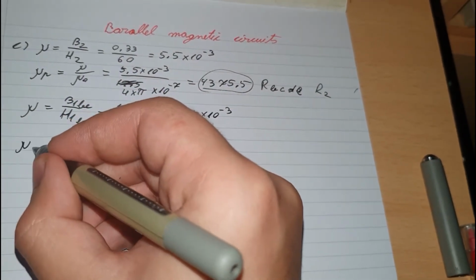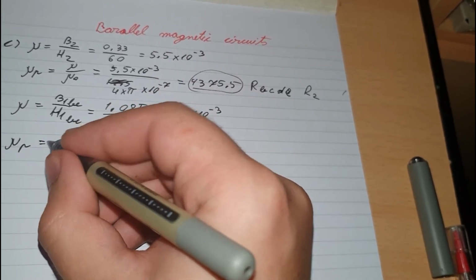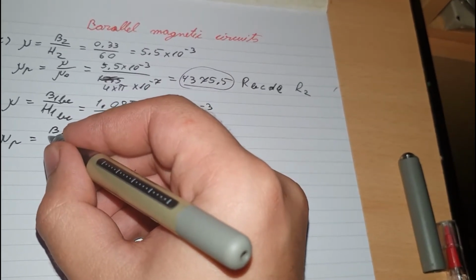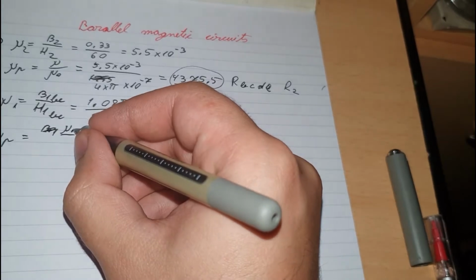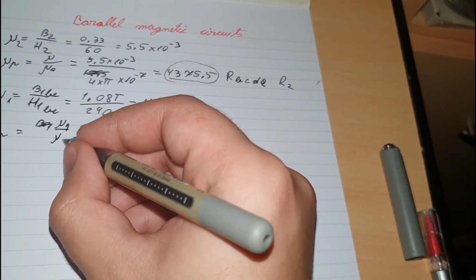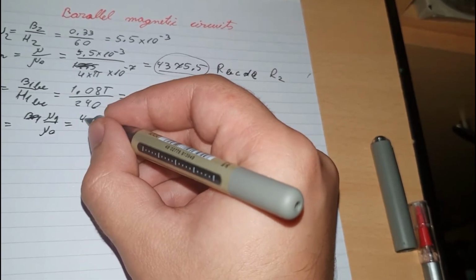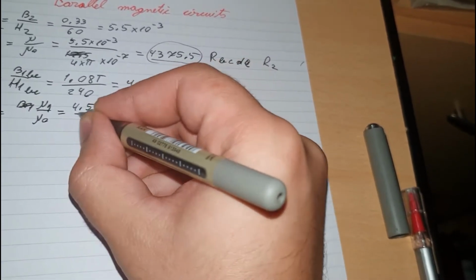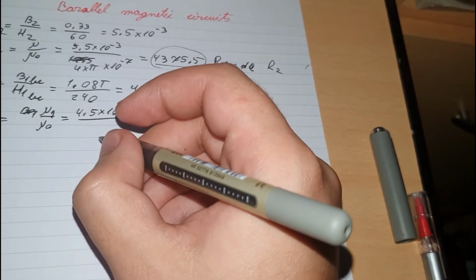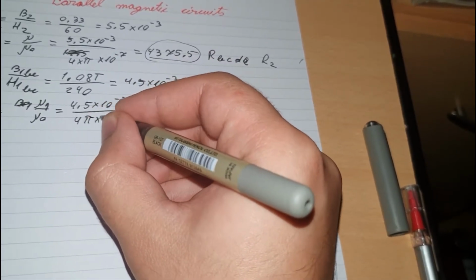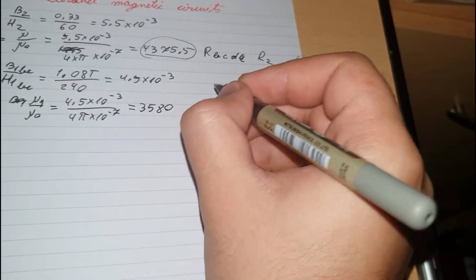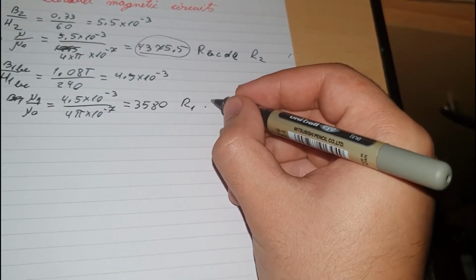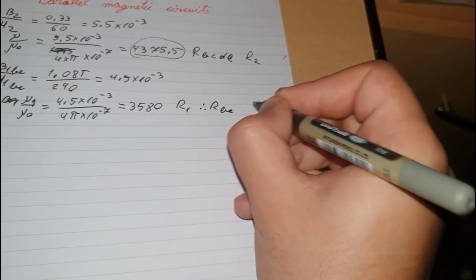And now let's calculate the total permittivity, and that will be equal with mu 1 divided by mu 0, which is the air again, and that will be 4.5 times 10 to the minus 3 divided by 4 pi times 10 to the minus 7, and that will be equal with 3580. That will be R1, or we can say RBE, depends how you want to write them or how you want to see them.